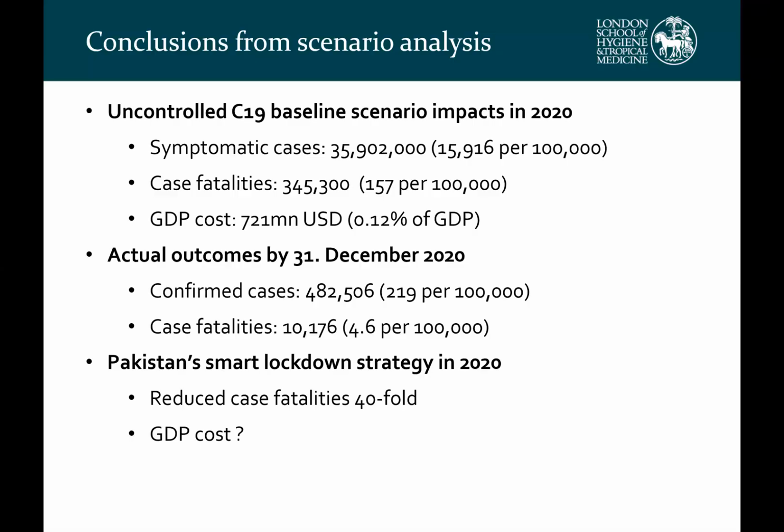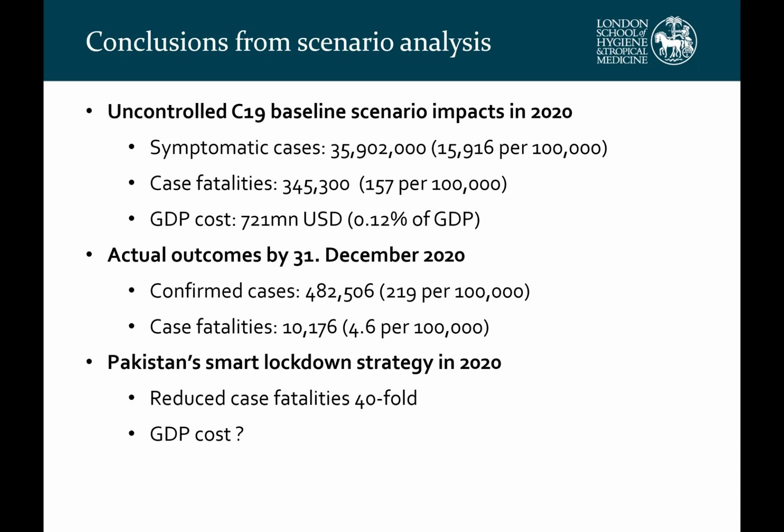So some of the conclusions from this are uncontrolled COVID-19 baseline scenario impacts suggest that according to our simulations, we would expect symptomatic cases of 35.9 million, case fatalities of 345,000, and GDP cost at the end of the second year of 721 million, sorry, in 2020, 721 million US dollars, which is 0.12% of GDP.